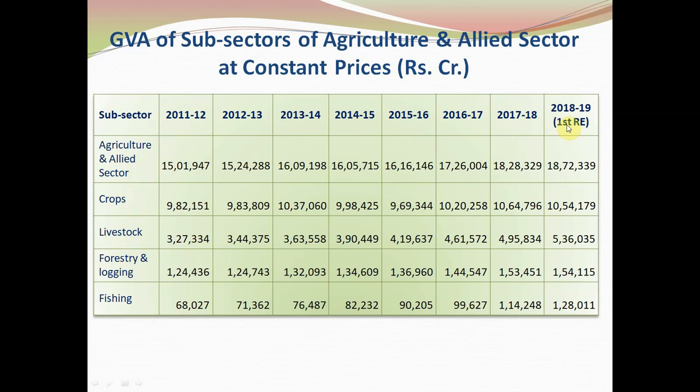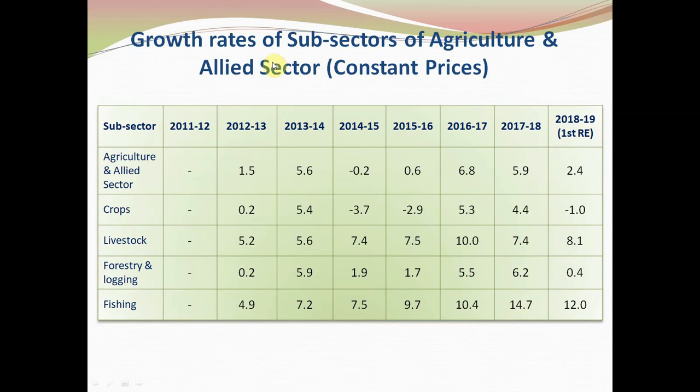For 2018-19, first revised estimates are taken. Here is the growth rate of different subsectors. Here 11-12 we cannot calculate. 12-13 is taken over 11-12, 13-14 over 12-13, because growth is taken over previous year using constant price estimates.